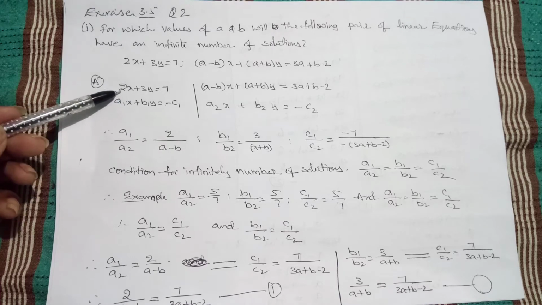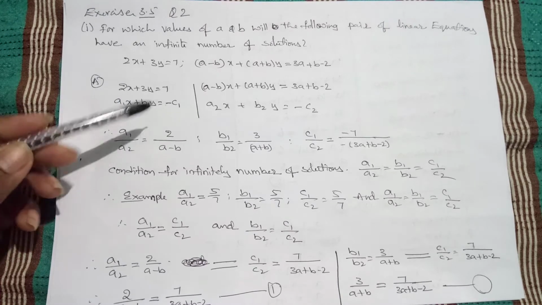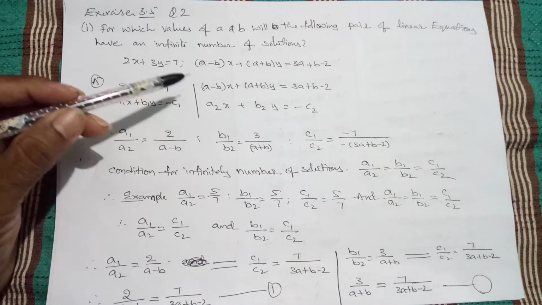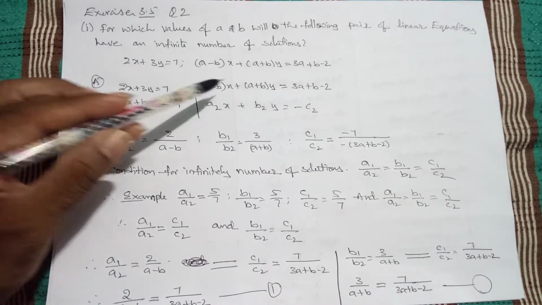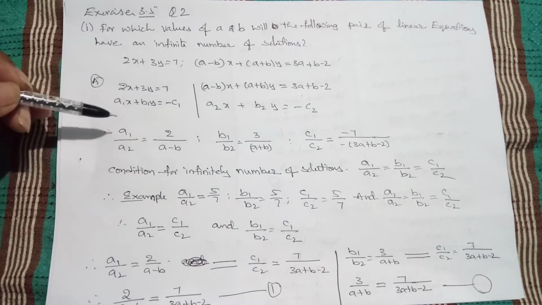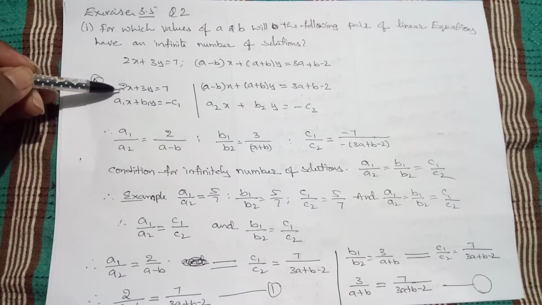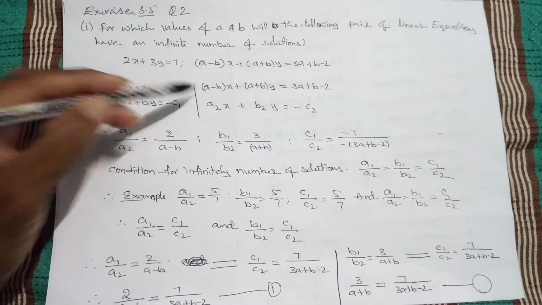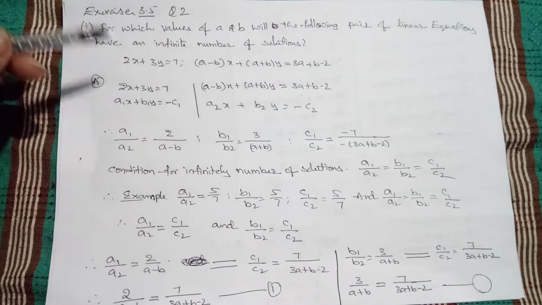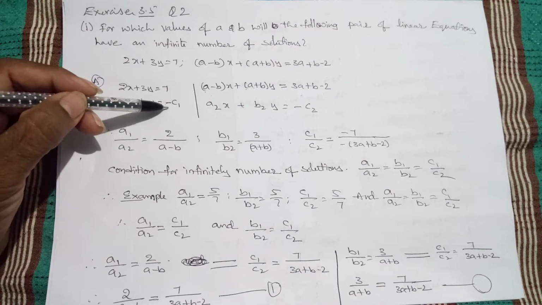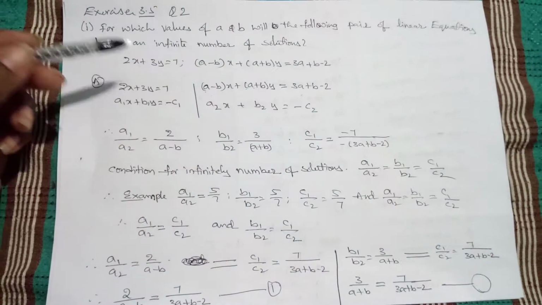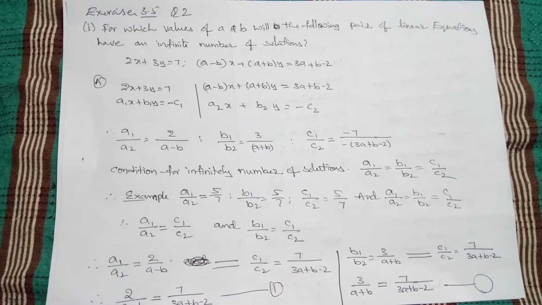Let us see what a1 by a2 is. Here the coefficient of x is 2, and here the coefficient of x is a minus b. I have compared these with a2, b2, c2. So a1 by a2 is equal to 2 by a minus b, b1 by b2 is equal to 3 by a plus b, and c1 by c2, of course minus c1 by minus c2 is equal to c1 by c2.